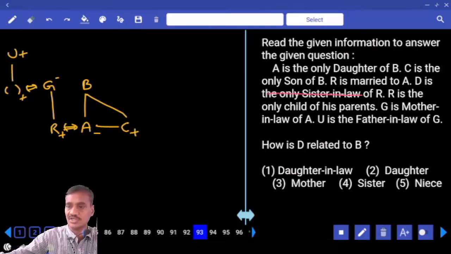D is the only sister-in-law of R. Then, how is D related to B? Only sister-in-law of R, what should we do?